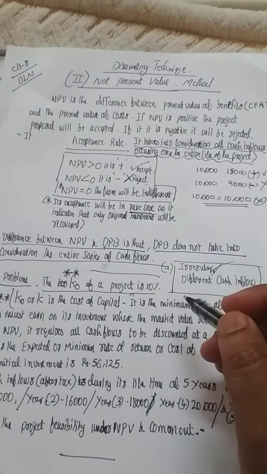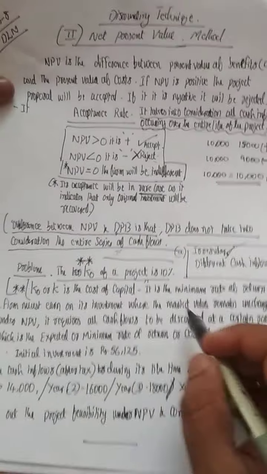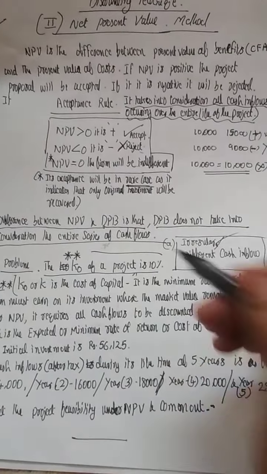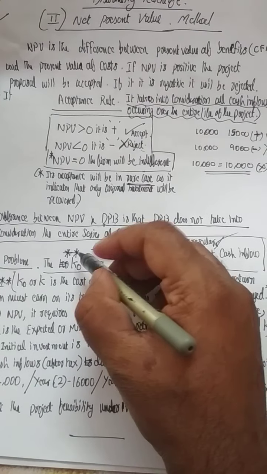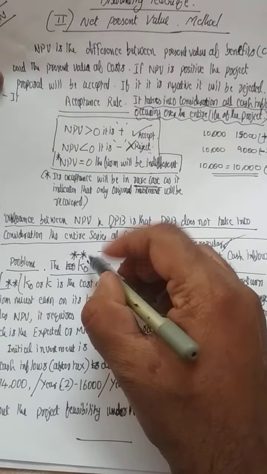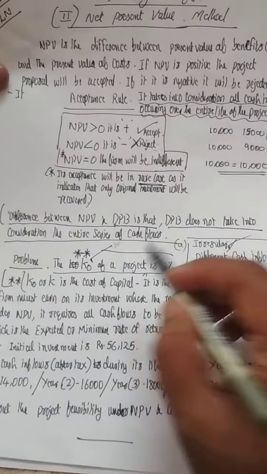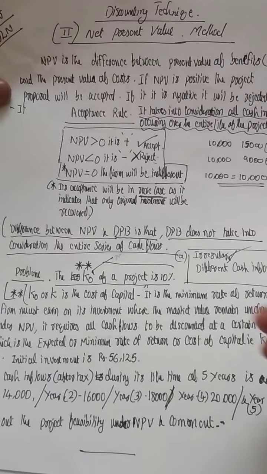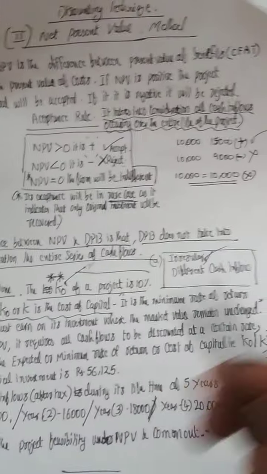So that discount rate will be given in this method also, net present value. Here it will be mentioned in different ways. Sometimes they will mention the discount rate in the form of KO. What is KO? KO is the overall cost of capital. Sometimes they will give us K, the cost of capital of the company.